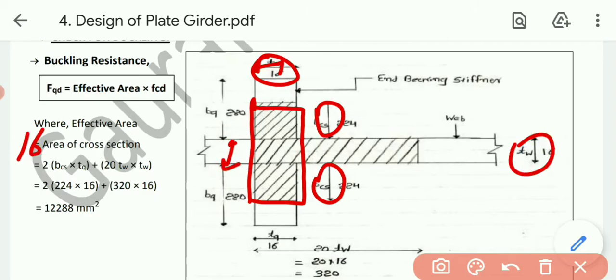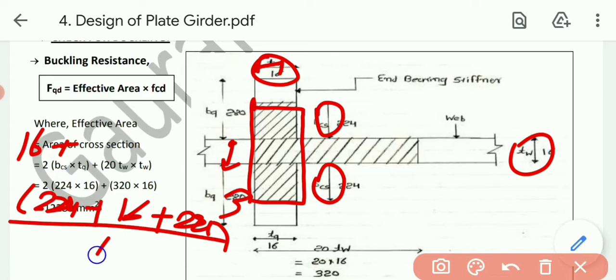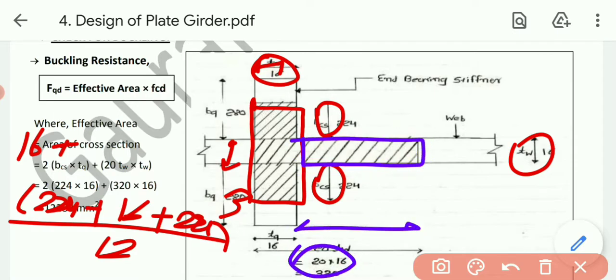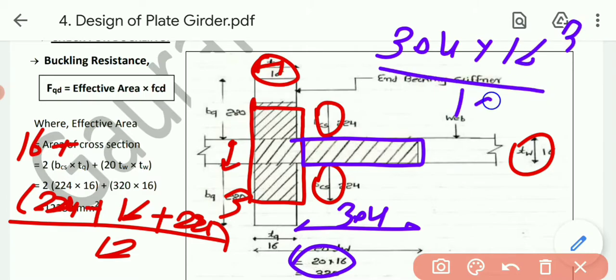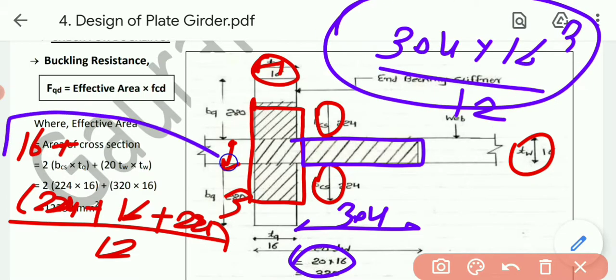So we can say (16 plus 214 plus web 16 plus 214) cube divided by 12, typical bd cube by 12. And then the remaining one is 320, so this will be 320 minus 16, so 304, and this one is 16, so 304 into 16 cube by 12, typical bd cube by 12.